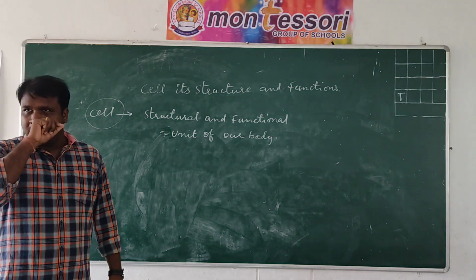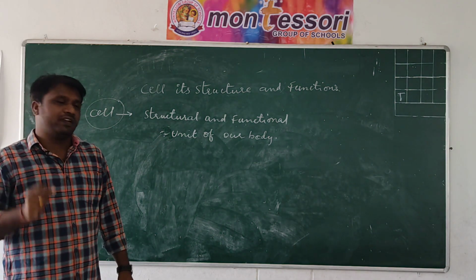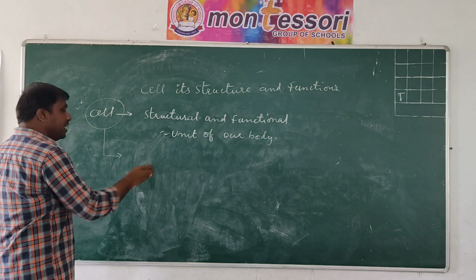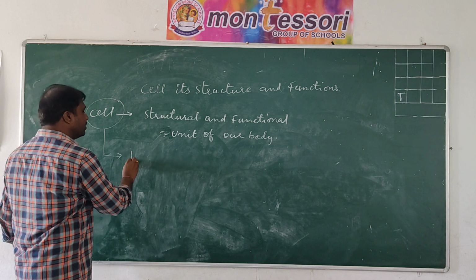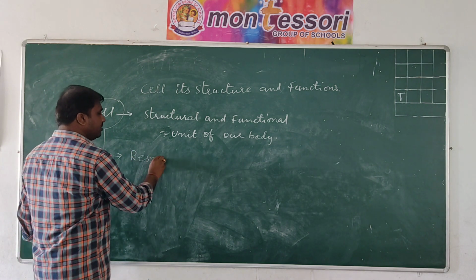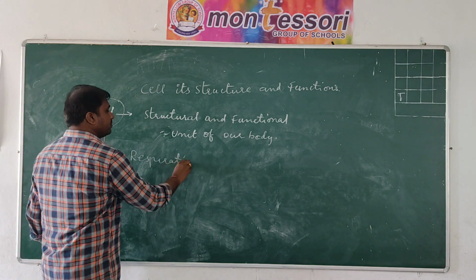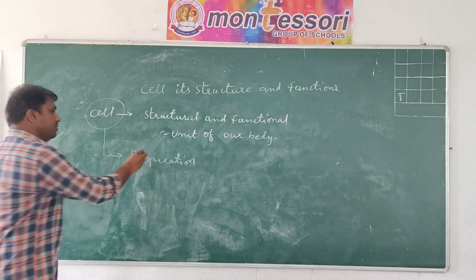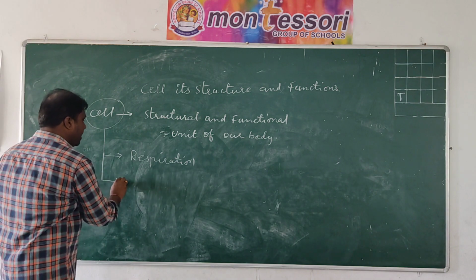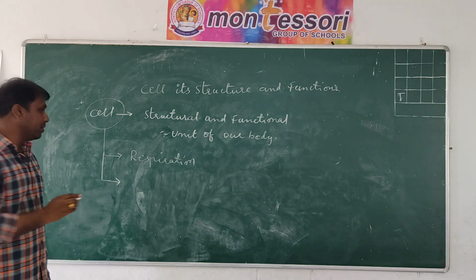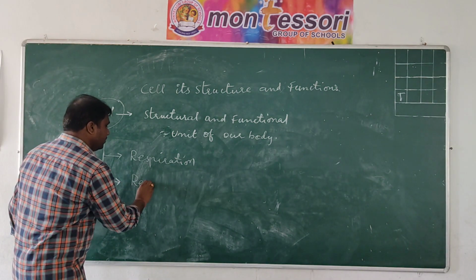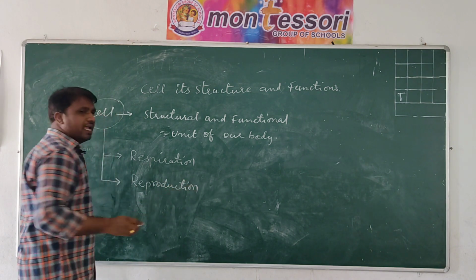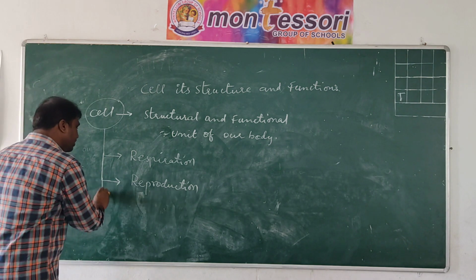And a cell should perform these functions. What functions it will perform, you know? It has to perform the function like respiration. A cell should undergo respiration, and a cell should undergo reproduction. A cell should undergo division.